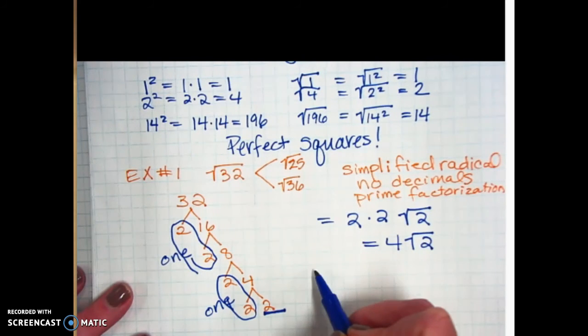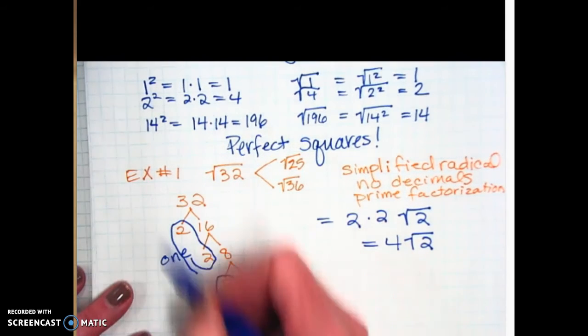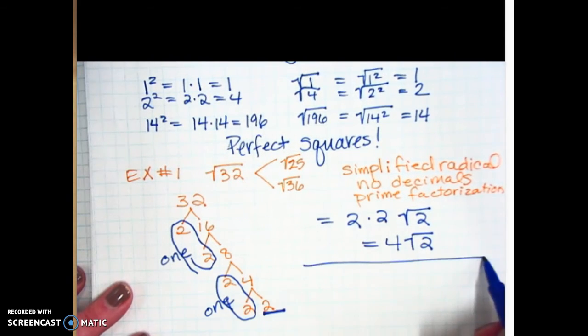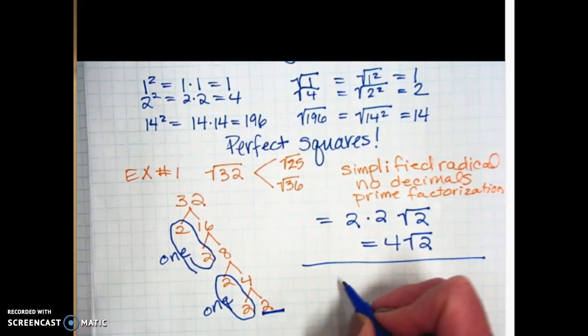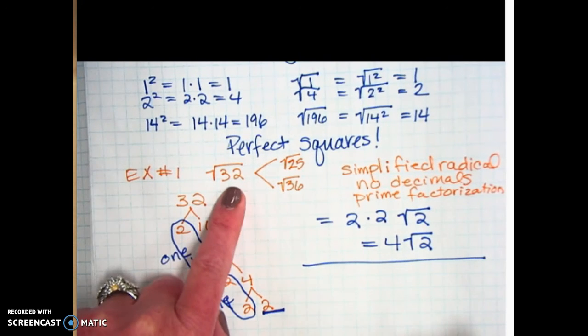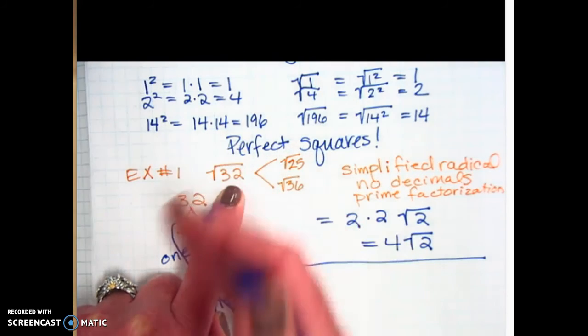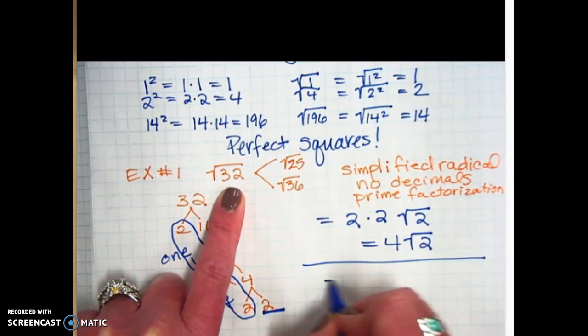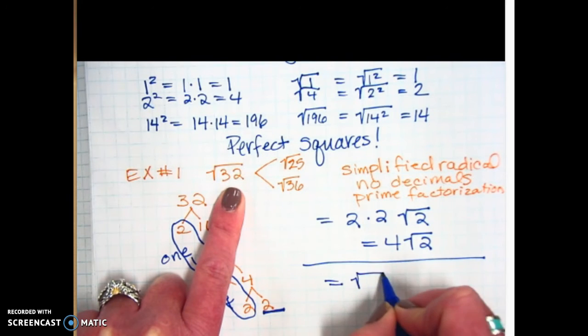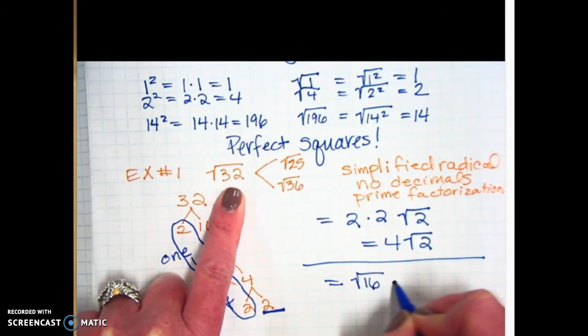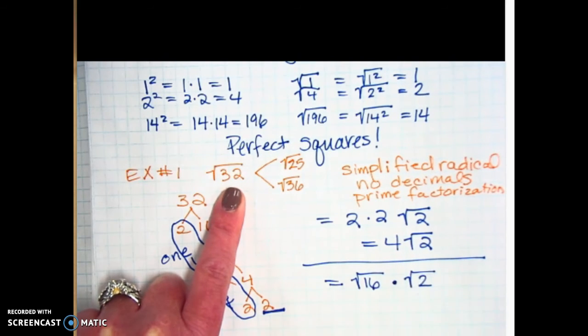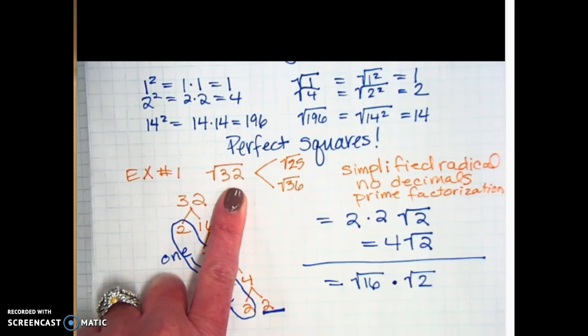Another way to do these without doing the prime factorization is if you can recognize perfect square factors. You can look at 32 and say, I recognize that 16 is a perfect square factor of 32, so this is equal to the square root of 16 times the square root of 2. Now you can do it a little bit faster.